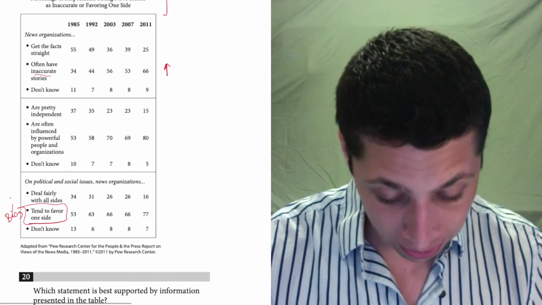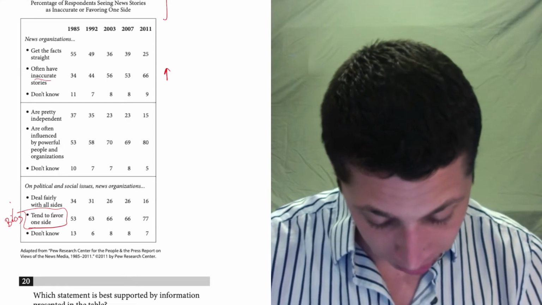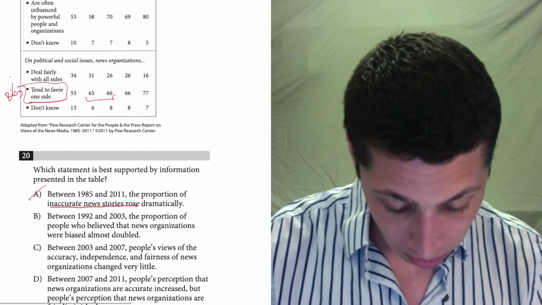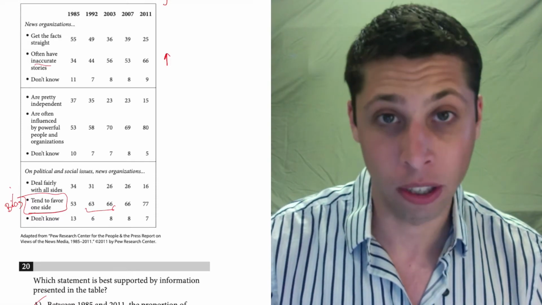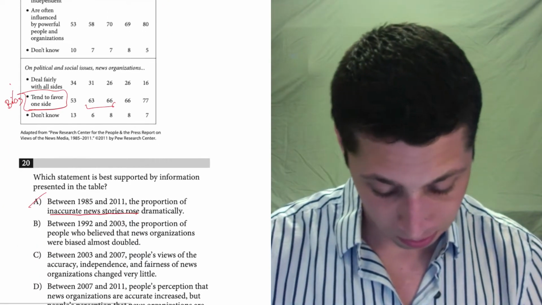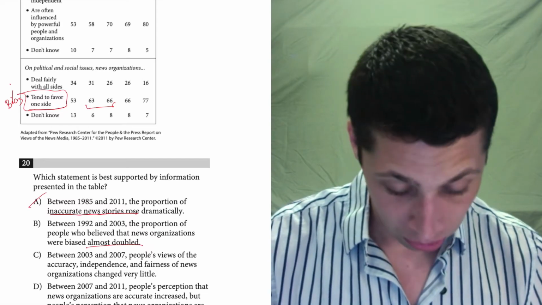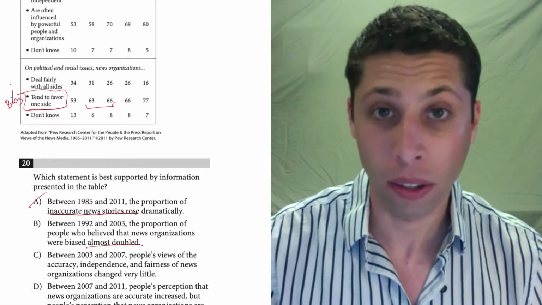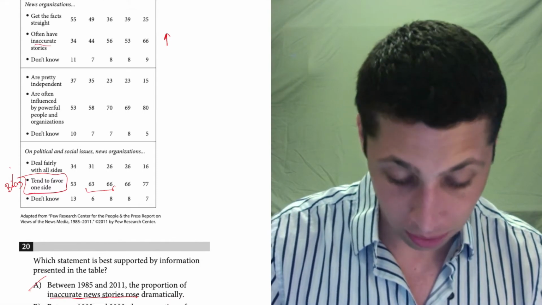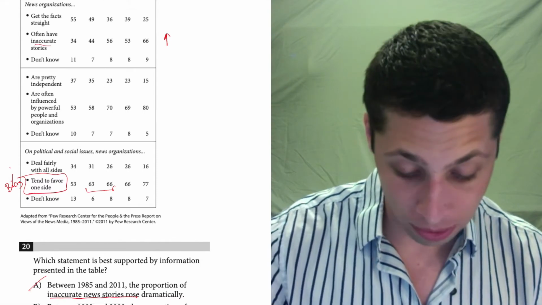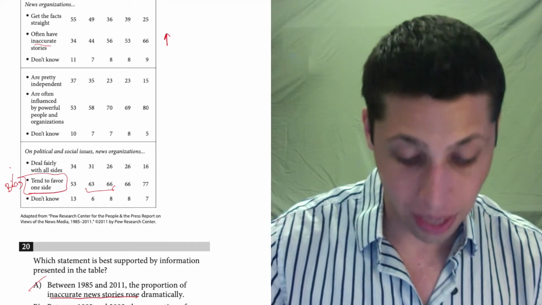And they said 1992 and 2003. So that's these two numbers. Well, that's just an increase of 3. That's not doubling. So I don't even know what they're asking here. I don't know what they would hope that I got confused on, but yeah, that's not even close to doubling. In fact, none of these numbers really doubles from 1992 to 2003.